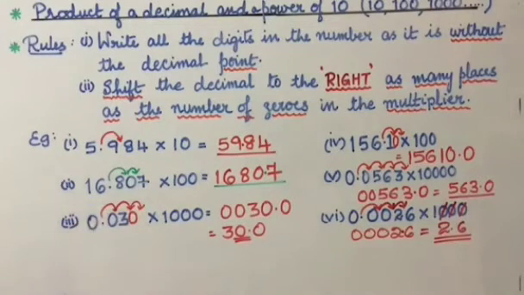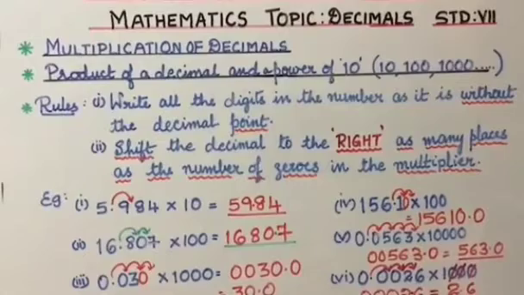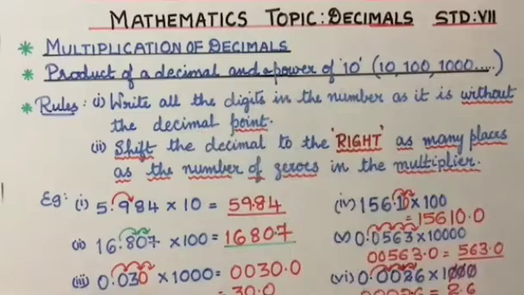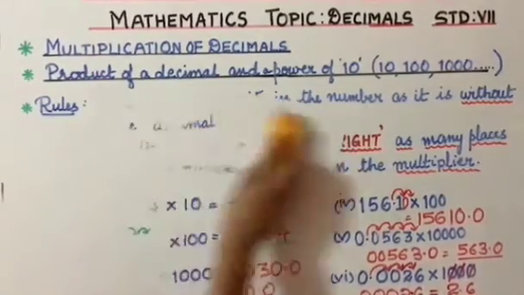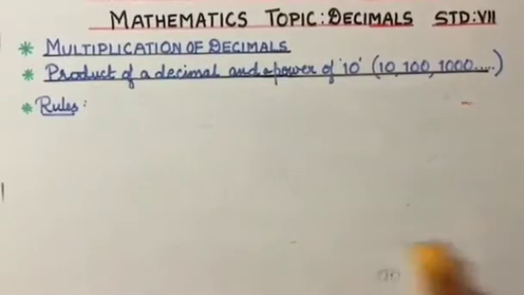Write down the next subheading: product of decimal by a whole number. Can you write that, children? Write the heading.